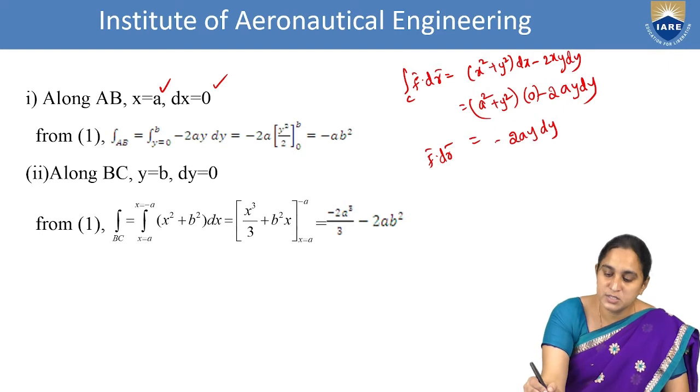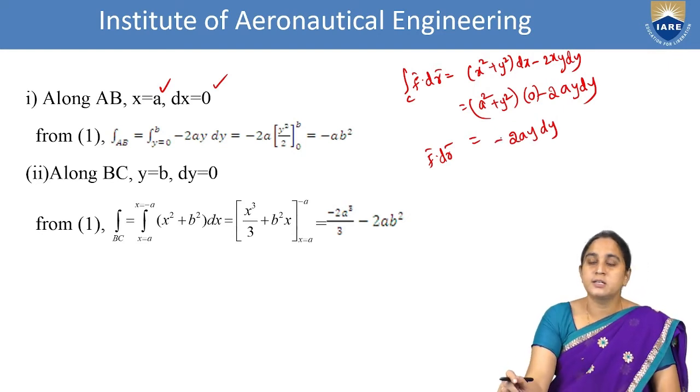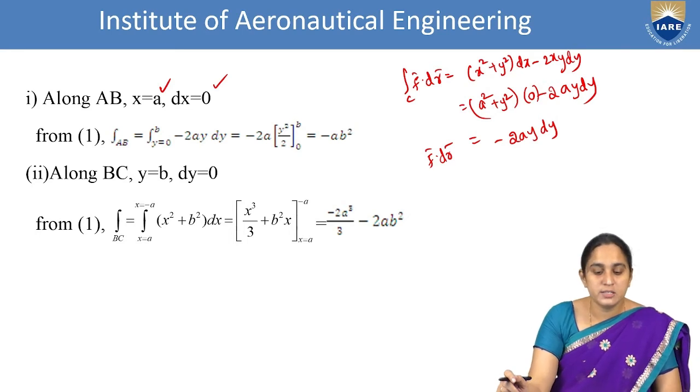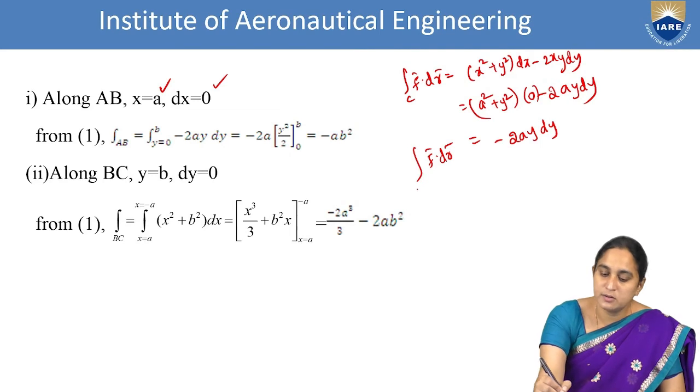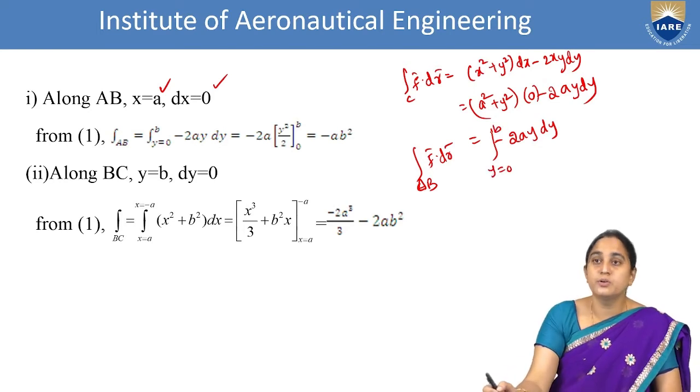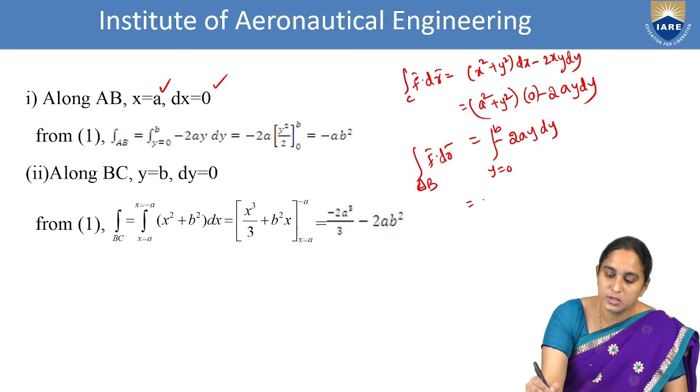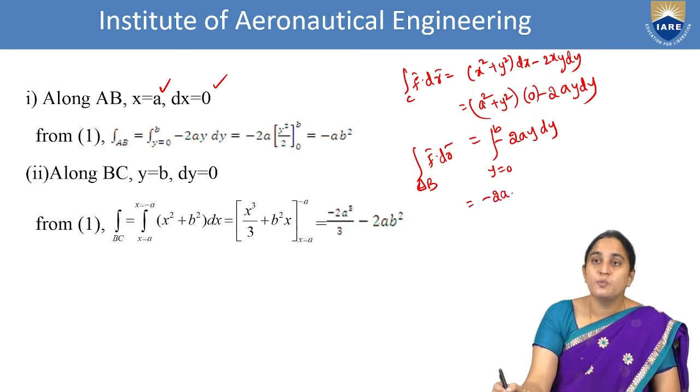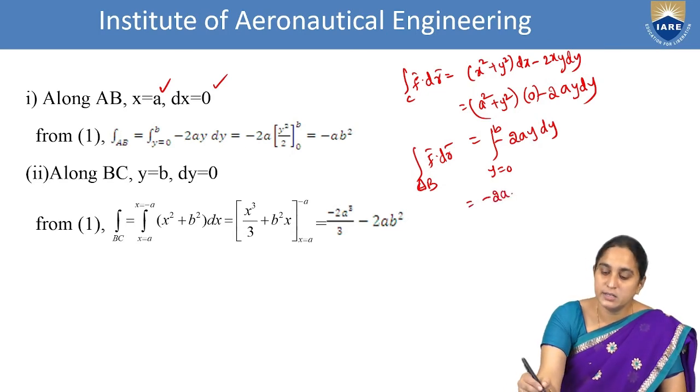From that, once you observe that part is in terms of y only, you can substitute the limit points in terms of y. That is integral along AB is equal to integral y is equal to 0 to b of minus 2a into y square by 2.